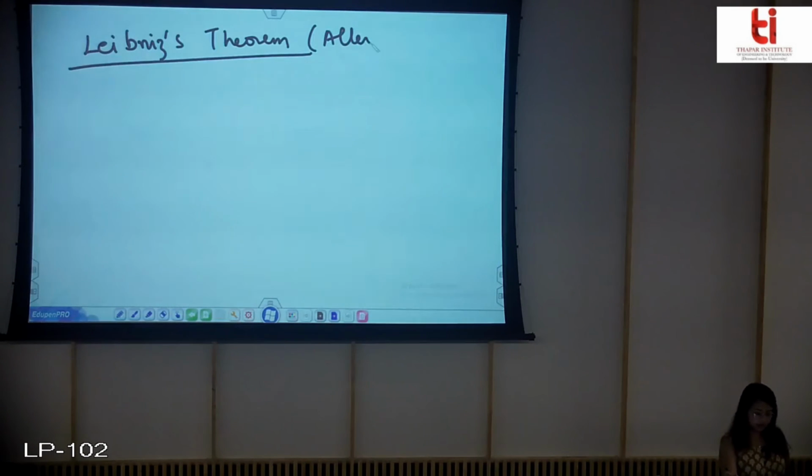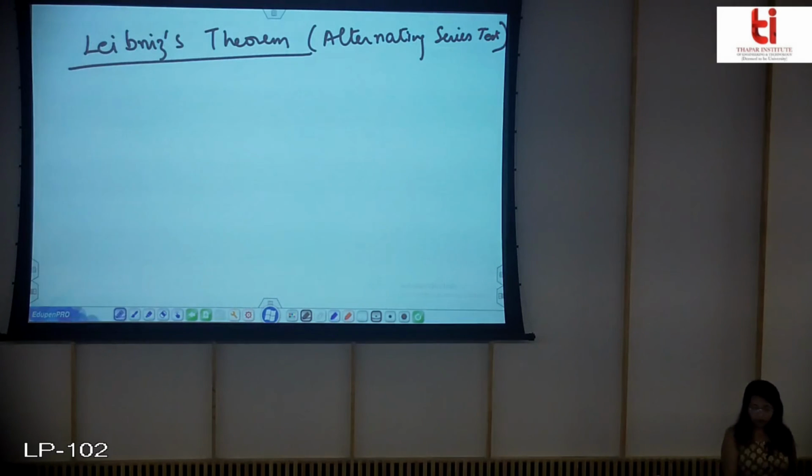So let's see a test that is called the Leibniz test for alternating series, or you can say the alternating series test. To check the convergence of the alternating series, we have to see whether the following three conditions are satisfied or not.